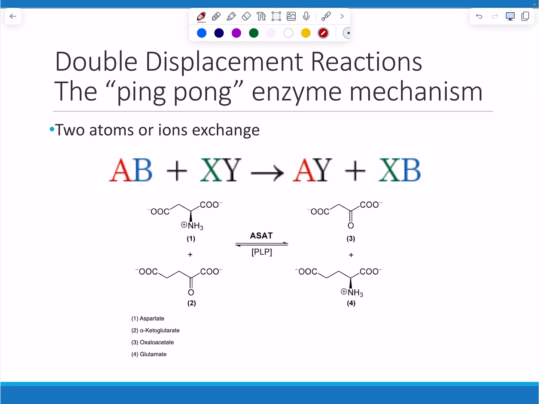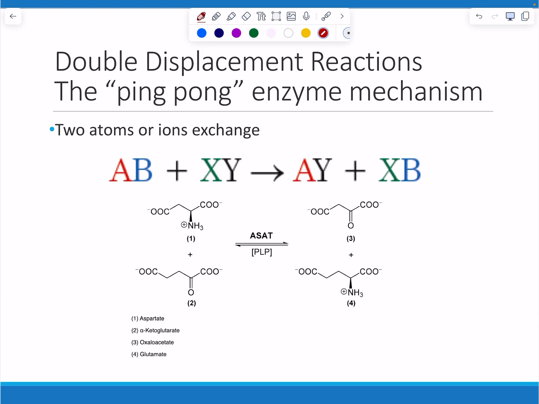Okay, so double displacement reactions are pretty common in biochemistry, where the purpose of many of your chemical reactions is to build molecules, break molecules apart, or change where chemical groups are on your molecule.